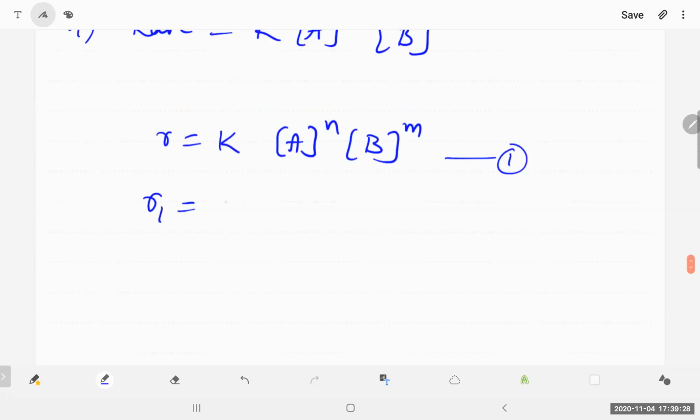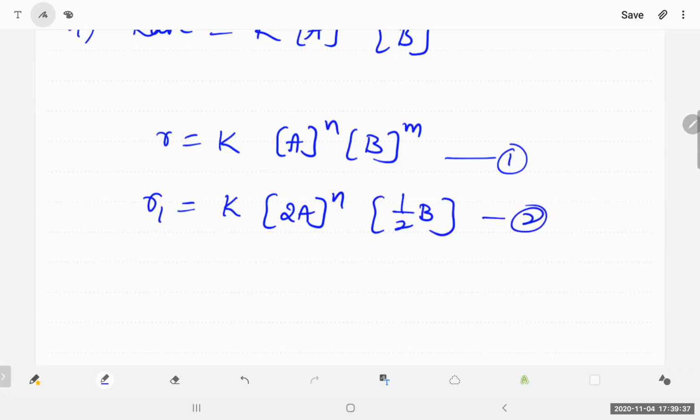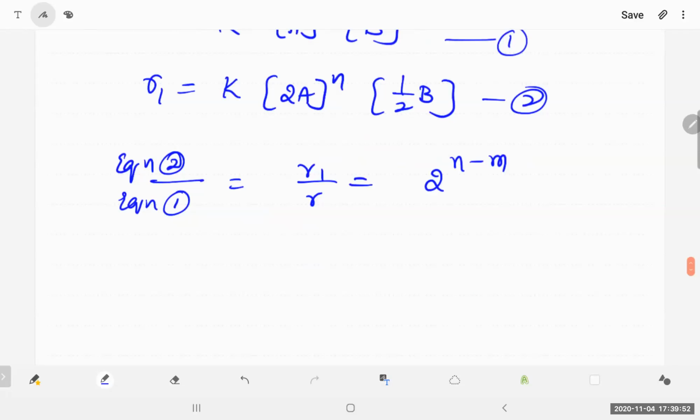Then R1 is equal to K into doubling the concentration of A and halving the concentration of B. Then equation 2 by equation 1, that is R1 by R is equal to 2 to the power of n minus m. So the fourth option is correct.